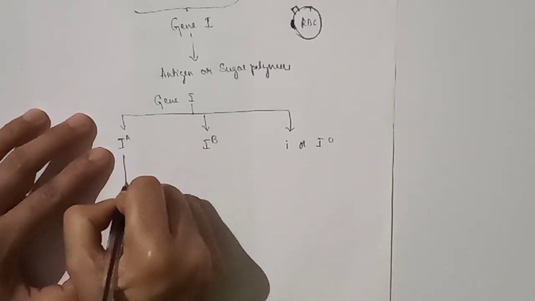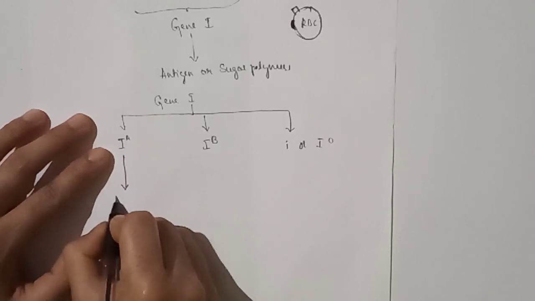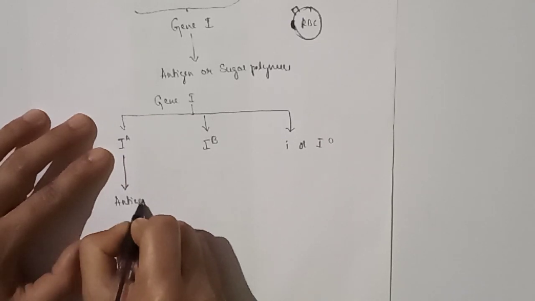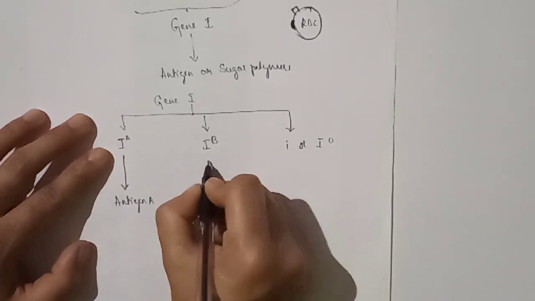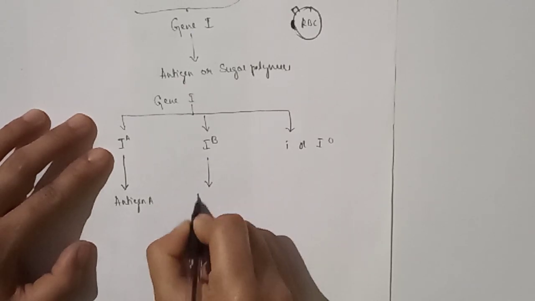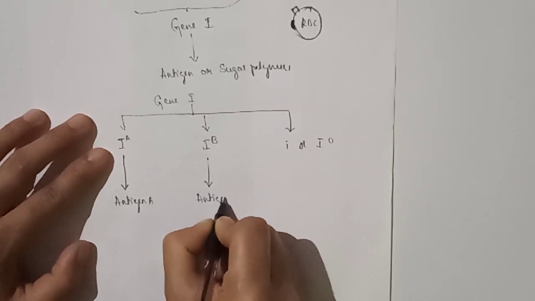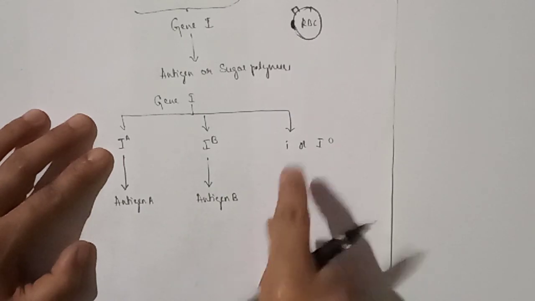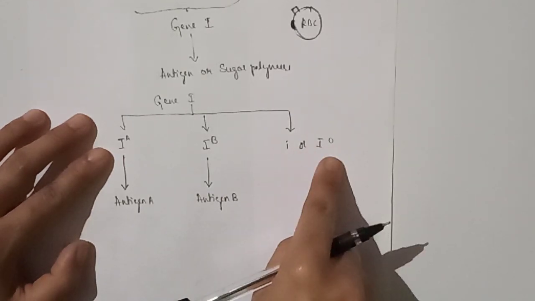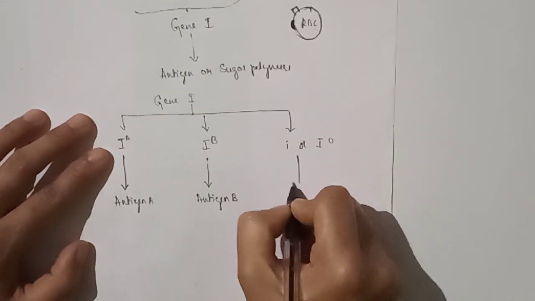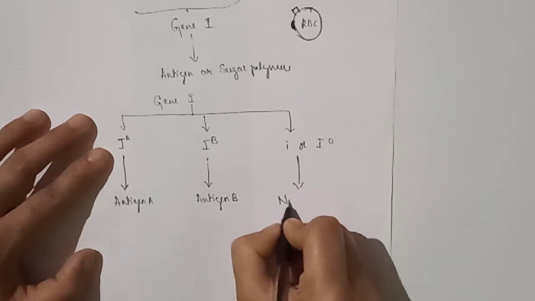IA is responsible for production of antigen A. IB is responsible for production of antigen B. But small i or i naught does not produce any antigen.